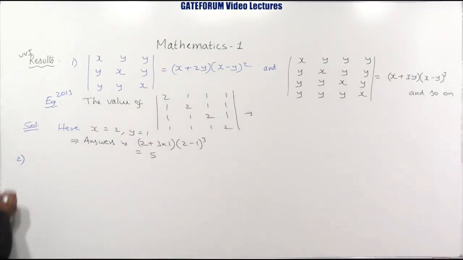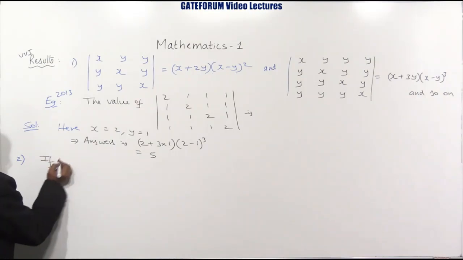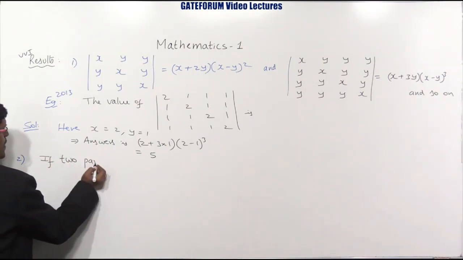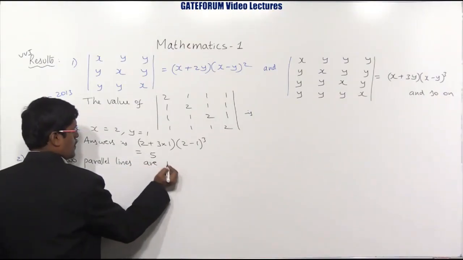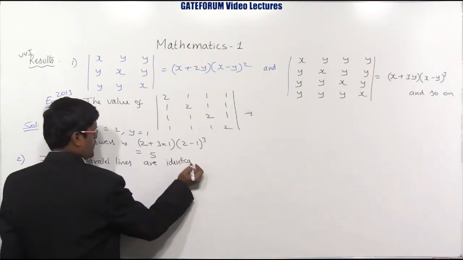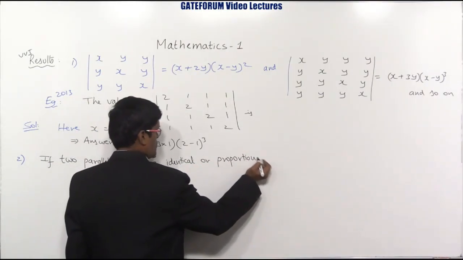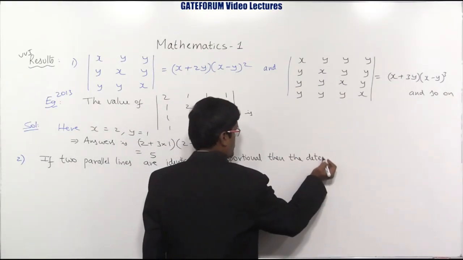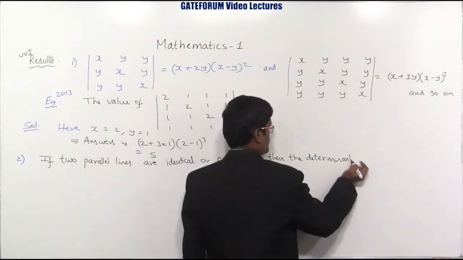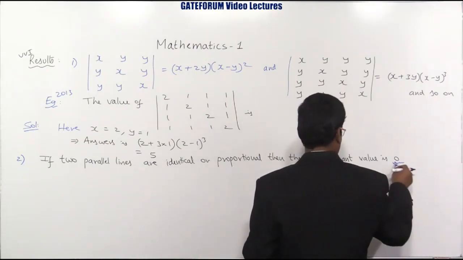Next, second note point. If two parallel lines are identical or proportional, then the determinant value is 0.